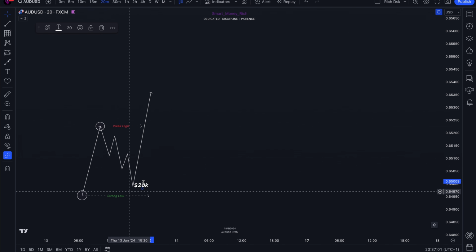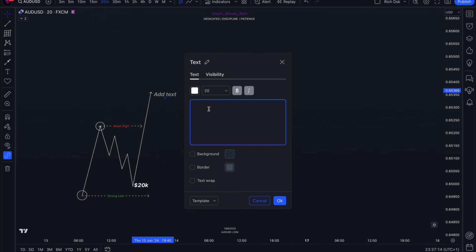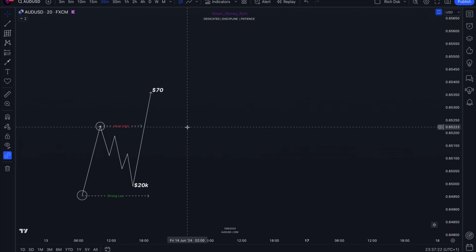So Mr. Joe bought at $20,000, and what happened is that price has gotten to $70,000. The current market price is now at $70,000 on Bitcoin. Now you know that what moves the market?